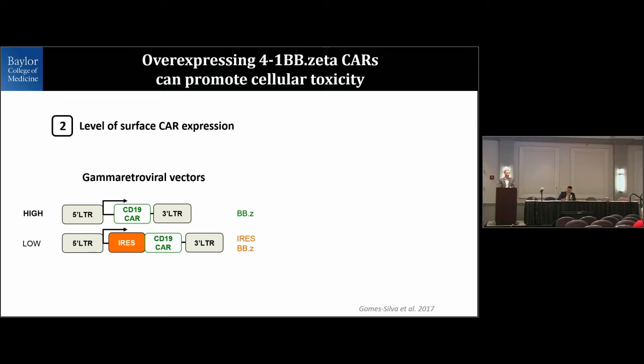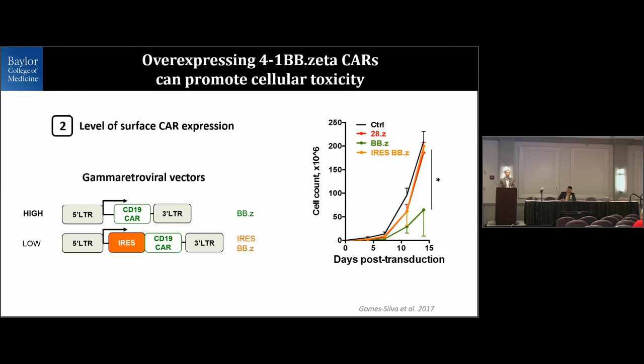As a control, we used a construct in which the expression of the same CAR was attenuated by an IRES element right upstream. What we found is actually quite the opposite of what is seen with the 28 zeta CAR. The cells that received a lot of tonic signaling from 4-1BB did not expand well, and they actually had quite increased apoptosis and signs of activation-induced cell death.